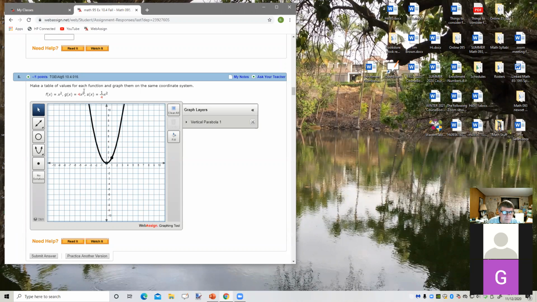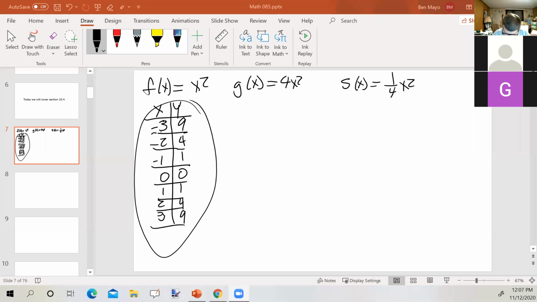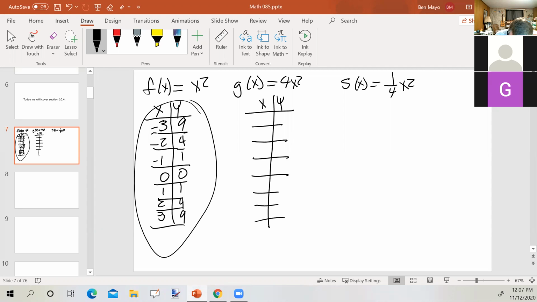Now we're going to go back and graph g of x equals 4x squared. Again, if I was graphing it on graph paper, this is going to be 4 times that. So that's 36, 16, 4, 0, 4, 16, and 36. I just took the x squareds times 4. I could plot those points on a graph and I'd get a parabola.